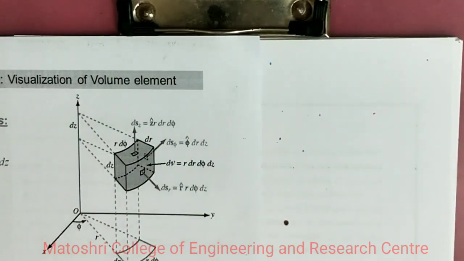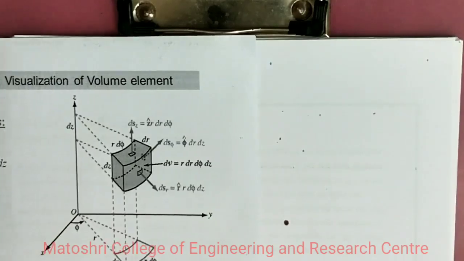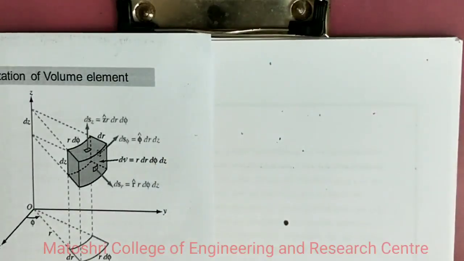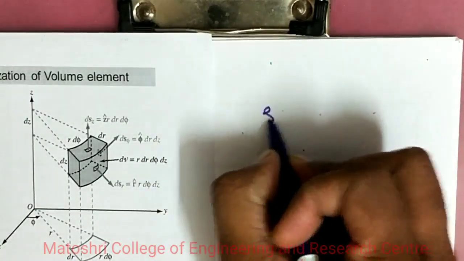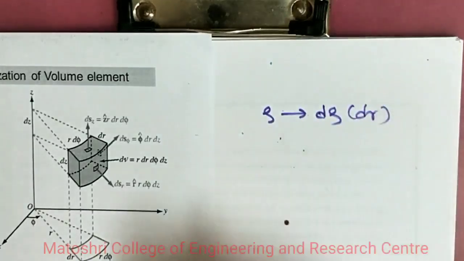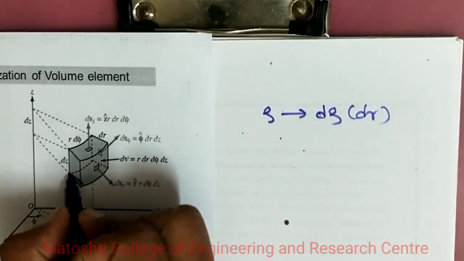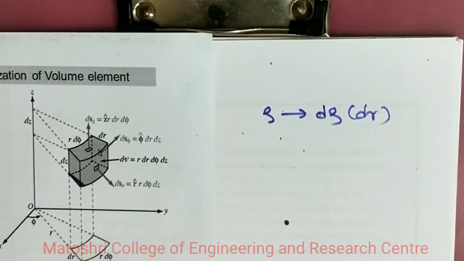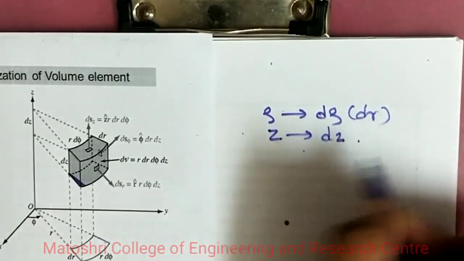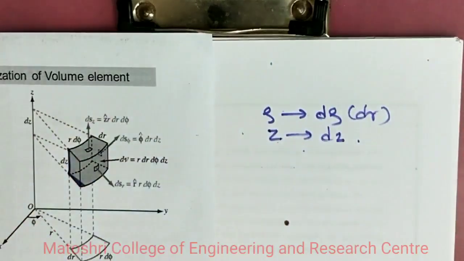The first length: coordinate r is varied by a small differential amount, so the radius rho is varied by a differential amount d rho, or we can call it dr. This is the radius variation, dr or d rho. Then you vary the z coordinate by a small amount dz. This is the height, the dz variation.